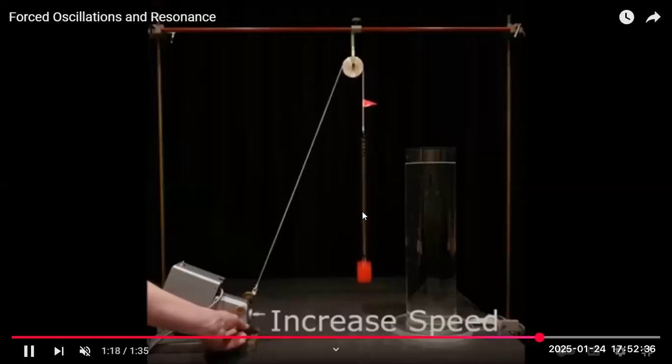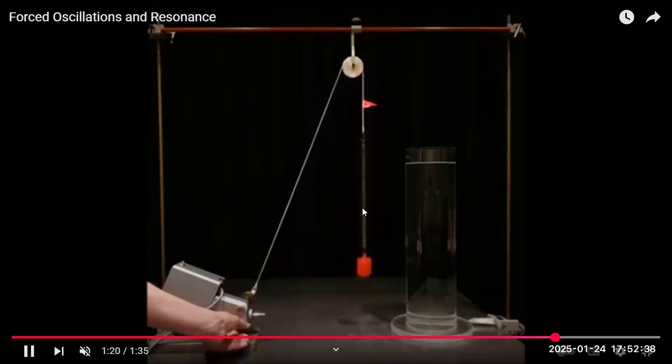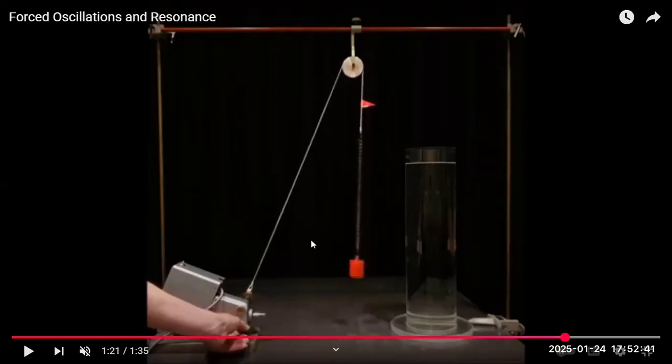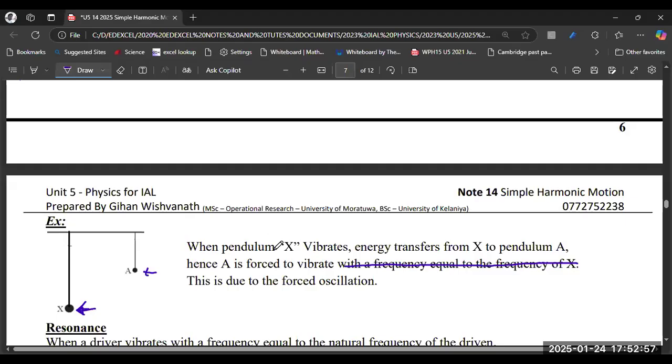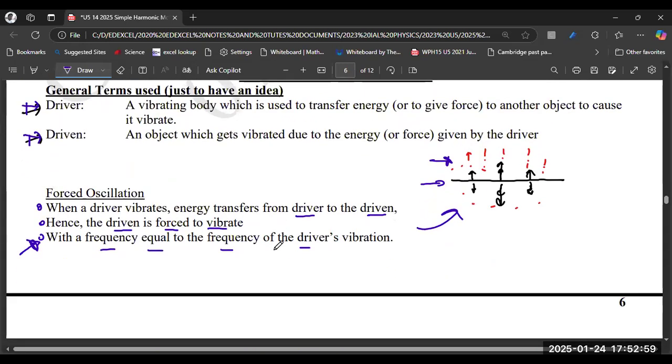So in here this is under forced oscillation, but here we can't say that the frequency of this one's oscillation is equal to the frequency of this one's oscillation, but still it becomes a forced oscillation, right? So we will keep in mind that in forced oscillation, that frequency thing is not always common, right? So this last one, handle with care.